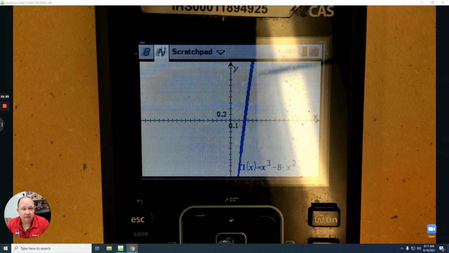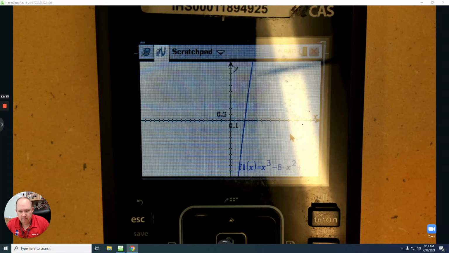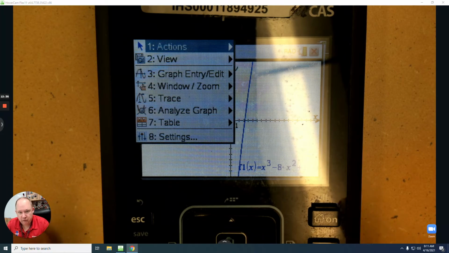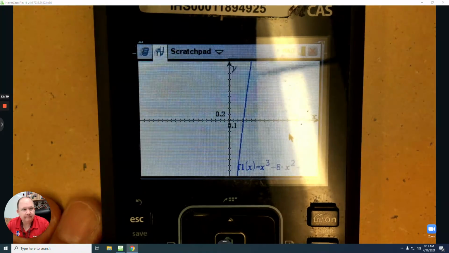I'm going to graph it first. I'll probably need to change the window in a moment. I'm going to press tab again and type in x plus 5. Then I just start with a standard window. So press menu, go to window, and press standard window, which is number 5.